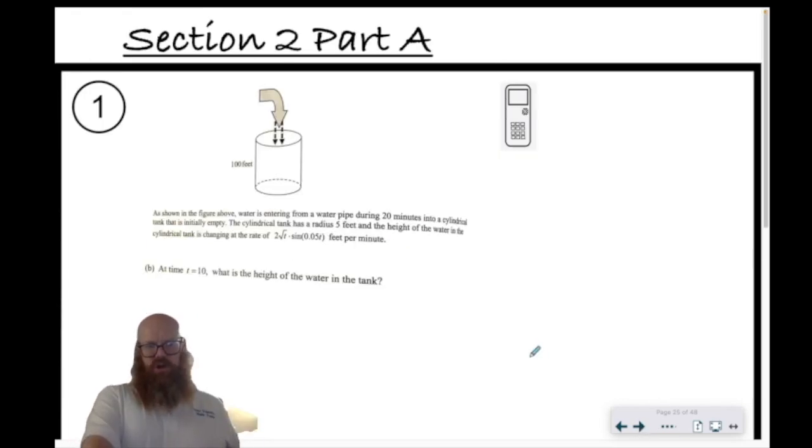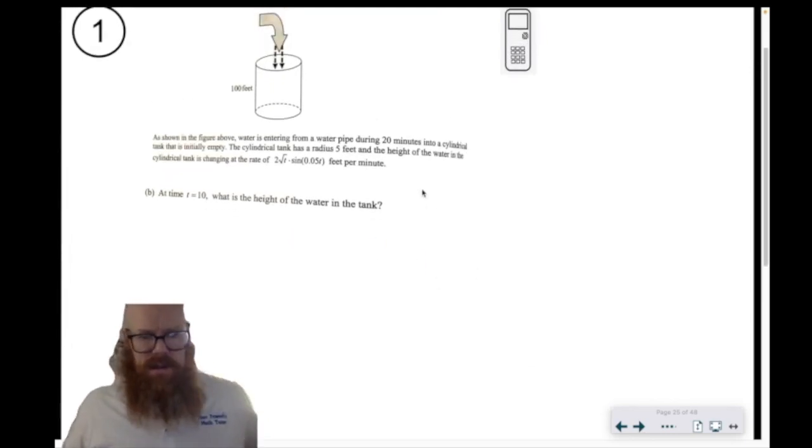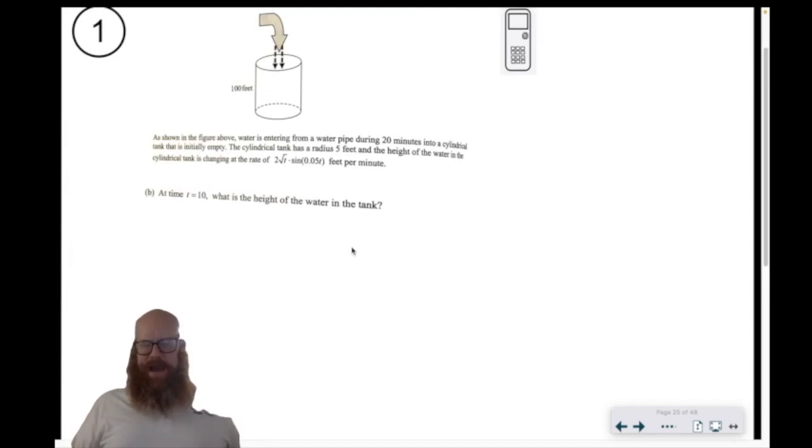So now moving on to part B. We have the same scenario, and now at time t equals 10, what is the height of the water? Well, we just talked about in part A that h prime of t, the rate of change of the height, is this function that's given.